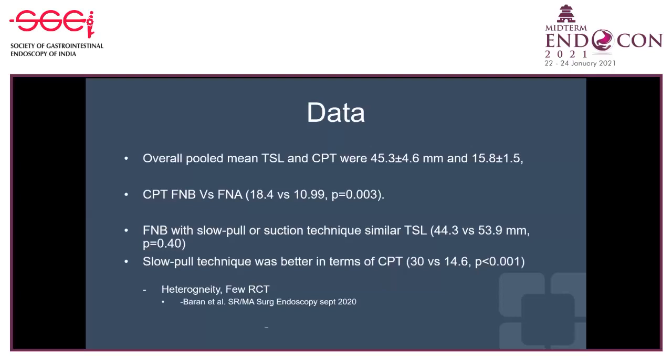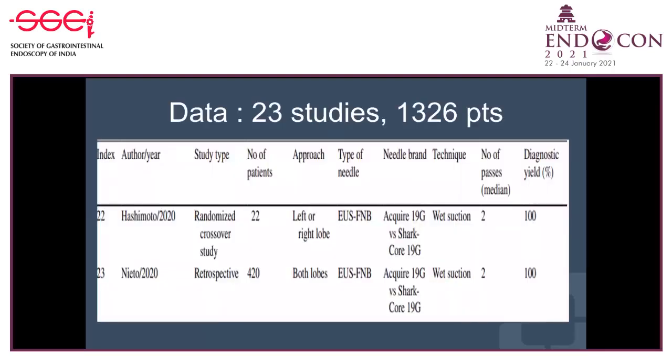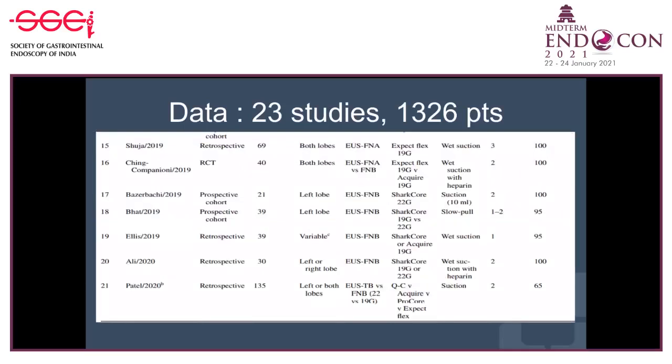They did not find any significant difference between 19 gauge and 22 gauge. And for those of you who are asking the question whether we should go 19 or 22, again, the majority of the studies used 19 gauge, as you see in the systematic review meta-analysis.